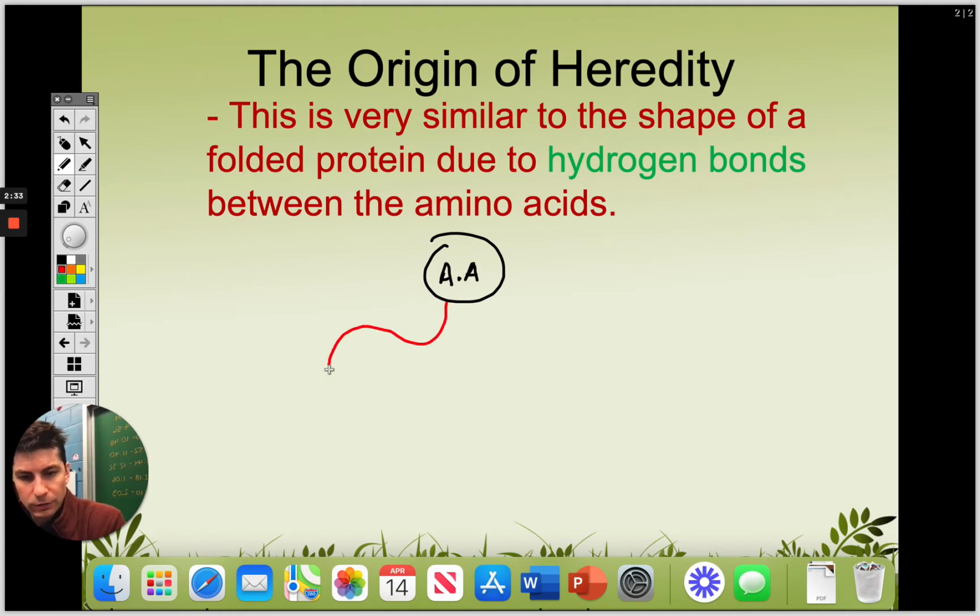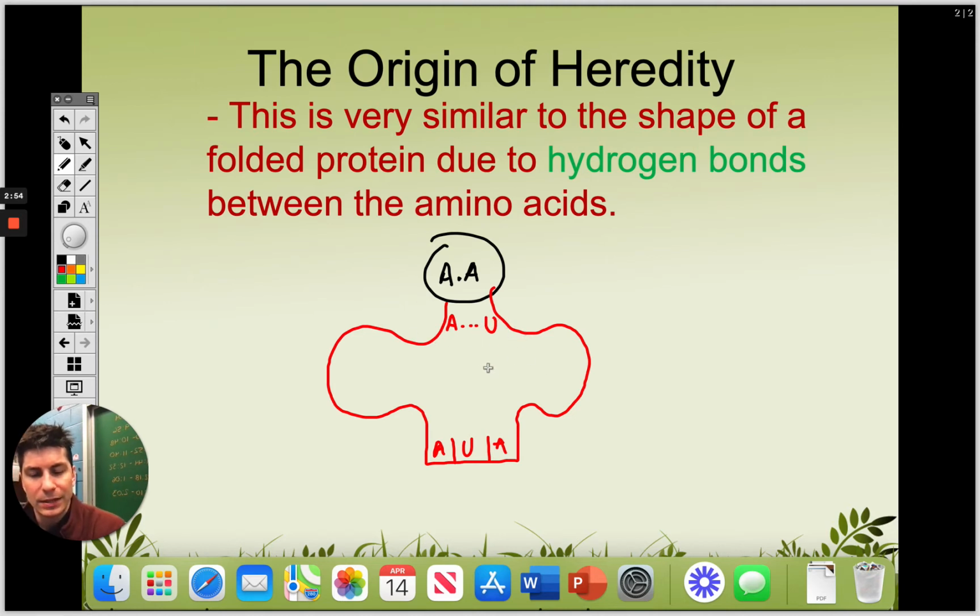So again, we have our amino acid right here. We have our clover-looking guy here. I think we did AUA on the last slide. But what we'll have here is some hydrogen bonds in between these ones here, making them have some type of shape. So it's not just one long chain of nucleotides.